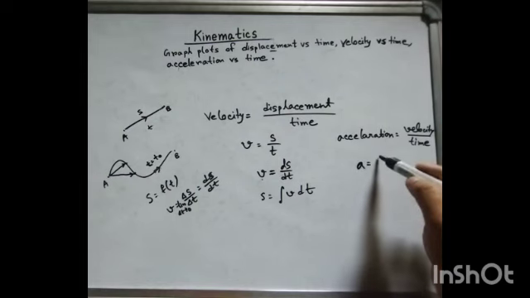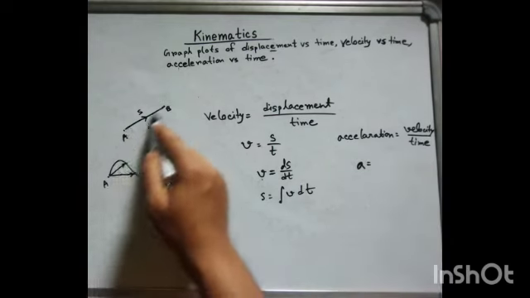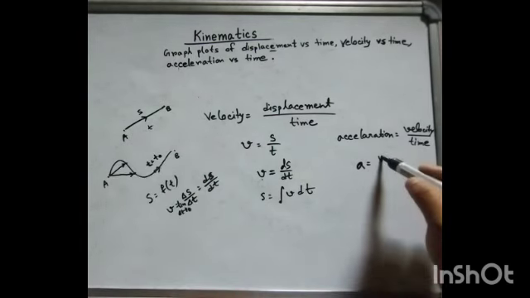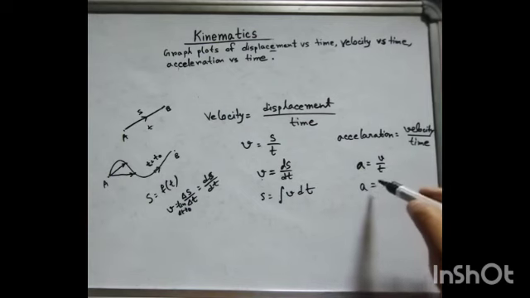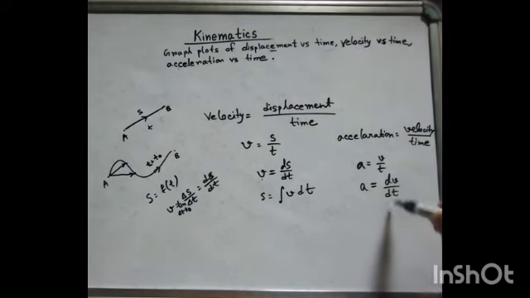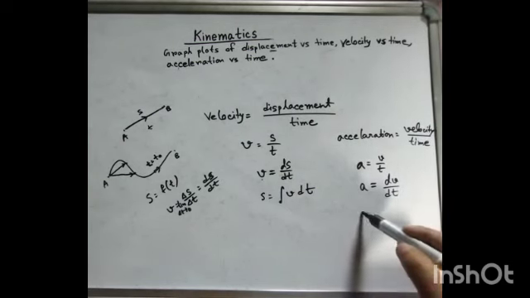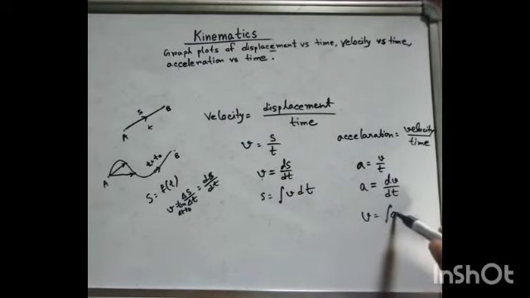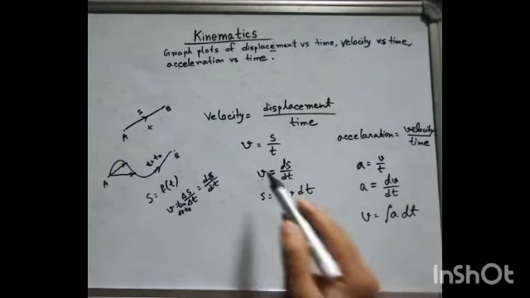So a is equal to, if you are finding average acceleration, then it will be v by t. But if you are trying to find instantaneous acceleration at a particular point, then it will be dv dt or d dt of v, and so v will be the integration of a dt, similar to this one.